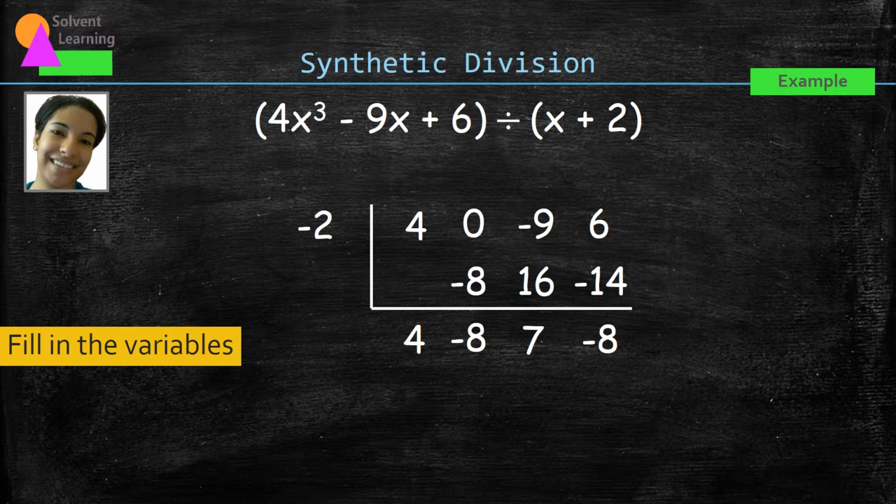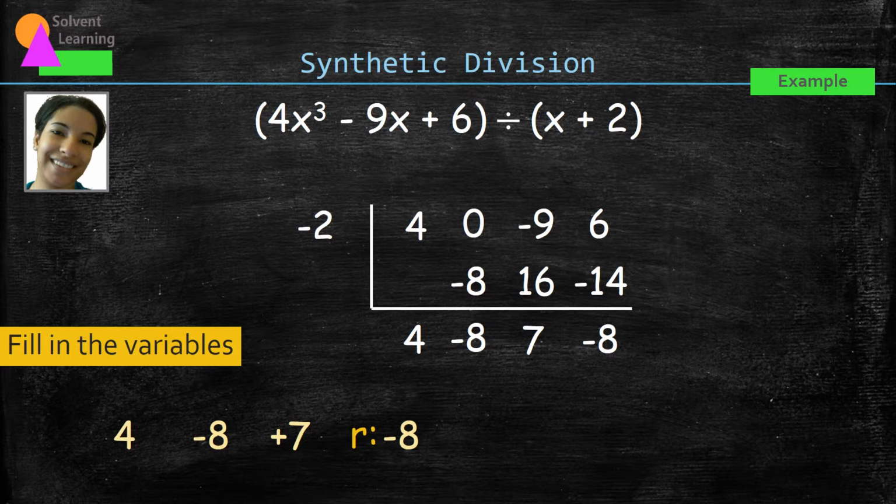I'm going to just take these numbers and copy them at the bottom so that we have a little more room to fill in the variables. Now I find it easiest that when we're filling in the variables that we start with the very last number and then work our way to the left. The very last number there isn't going to have a variable, that's actually our remainder. So we can put an R in front of that number.